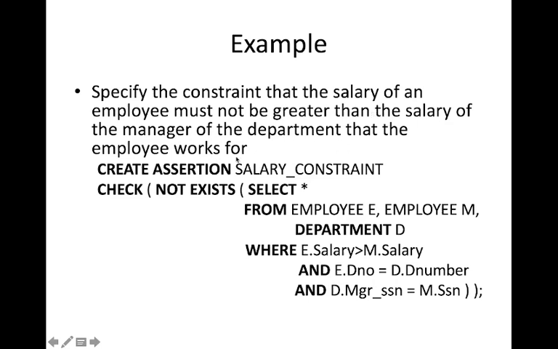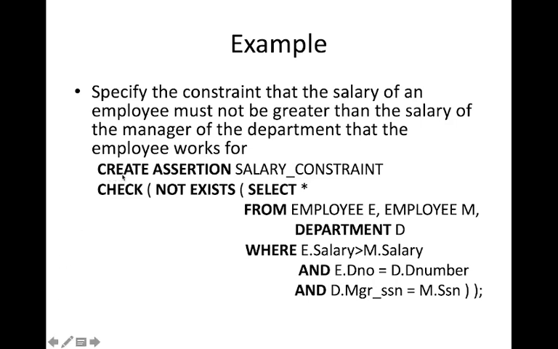If an employee is working for a department, he should not have more salary than his department manager. That cannot be specified in the relational model, but such constraints can be checked using create assertion.